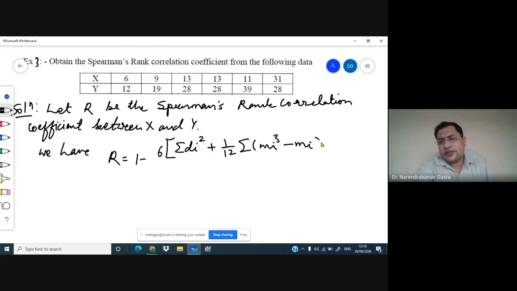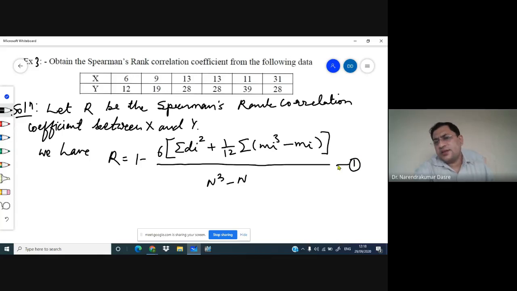This is equation 1. We don't know how many mi's there are, or how many times a value is repeated, so we write the general formula like this.